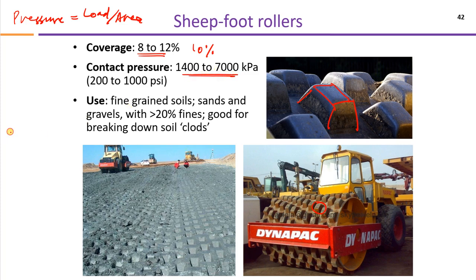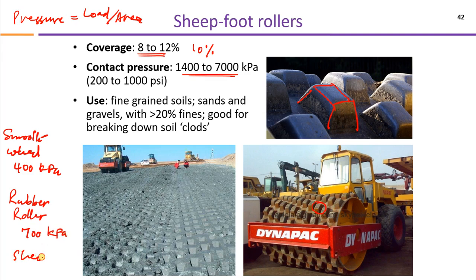Look, smooth wheel roller can exert a pressure of almost 400 kPa. The rubber or pneumatic roller exerts a pressure of 700 kPa, and this sheep foot roller can exert a pressure up to 7,000 kPa.